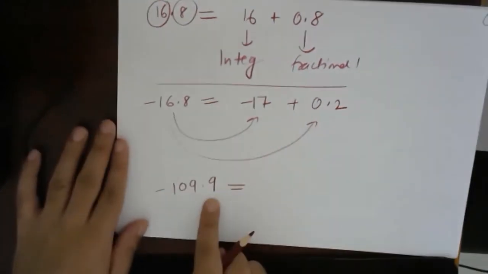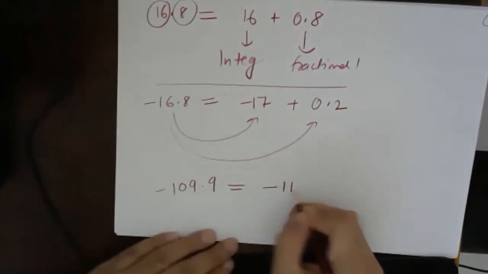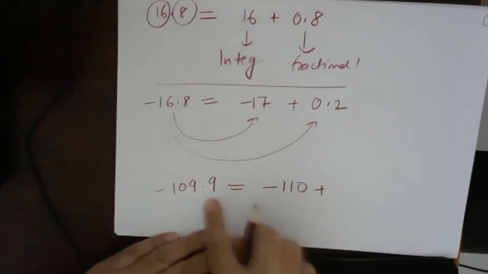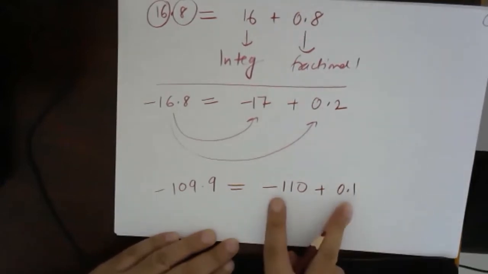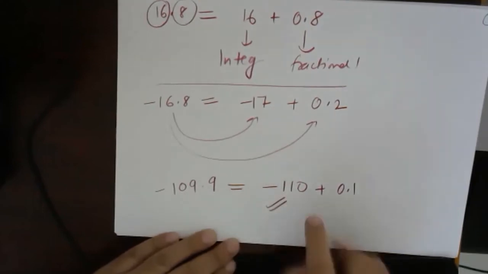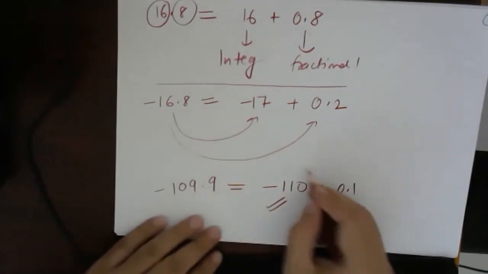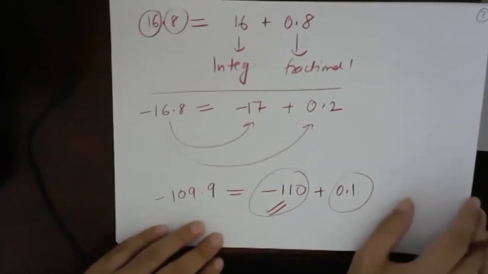What will be the integral part of this? Minus 110, plus what will be the fractional part? 0.1, because if I add these two, I will get minus 109.9. Understood? This part is okay for everyone, right? So this is the integral part, this is the fractional part.